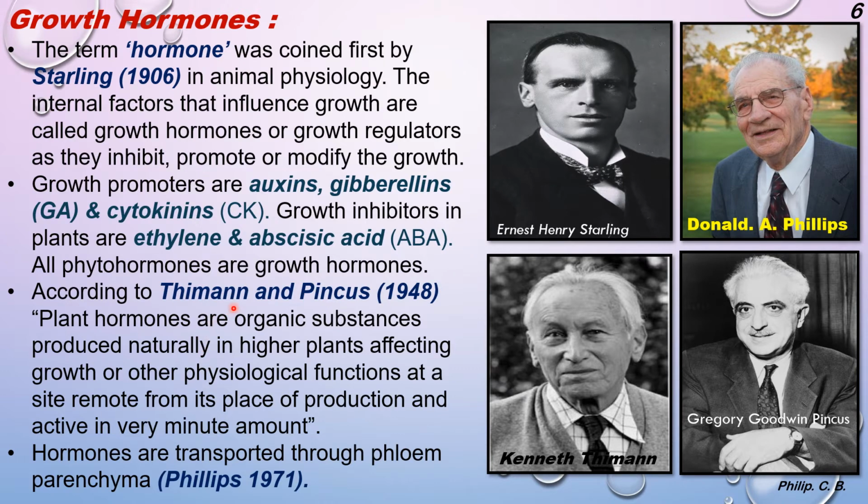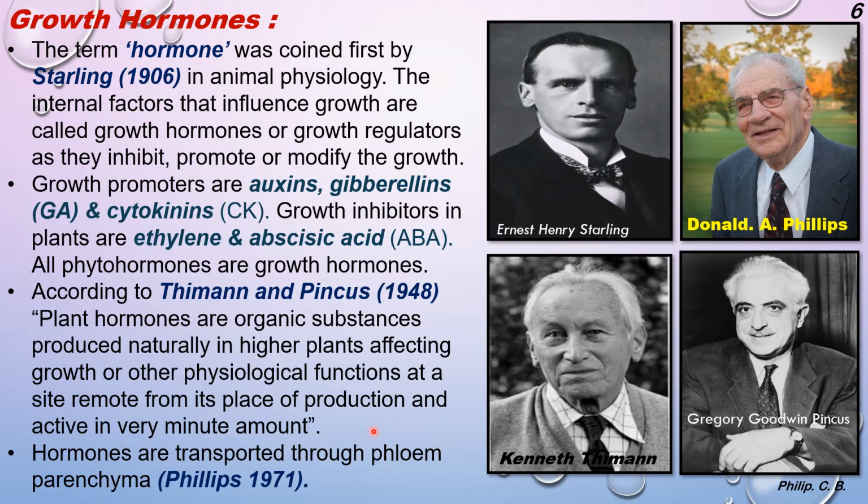Further, according to Thimann and Pincus in 1948, plant hormones are organic substances produced naturally in higher plants, affecting growth or other physiological functions at a site remote from its place of production and active in very minute amounts. So, Thimann and Pincus showed that plant hormones are organic substances which occur naturally in higher plants.